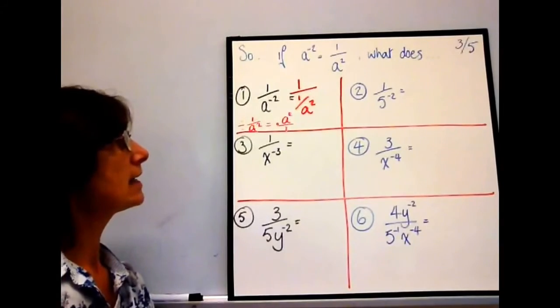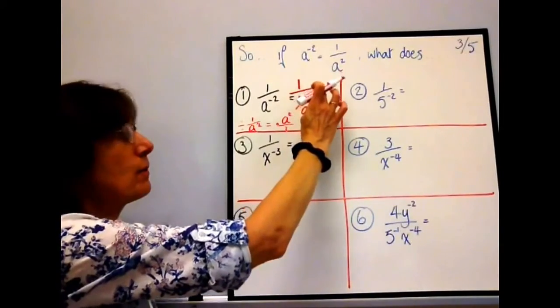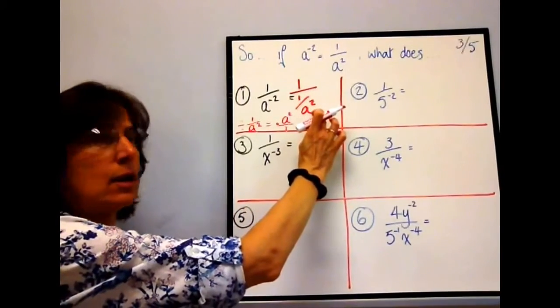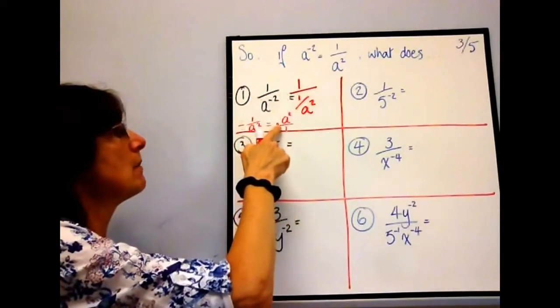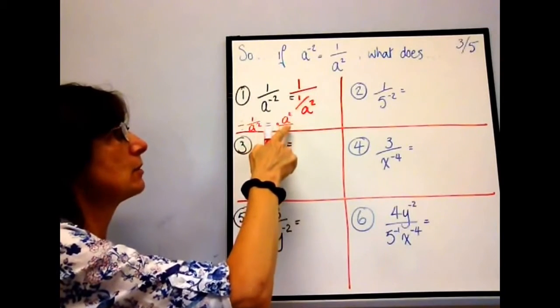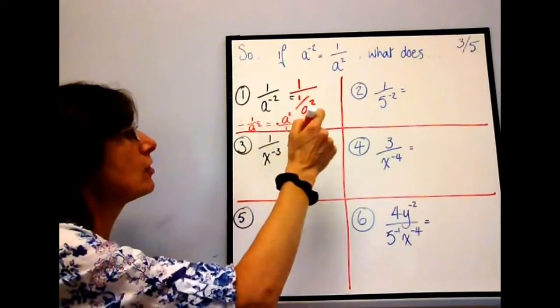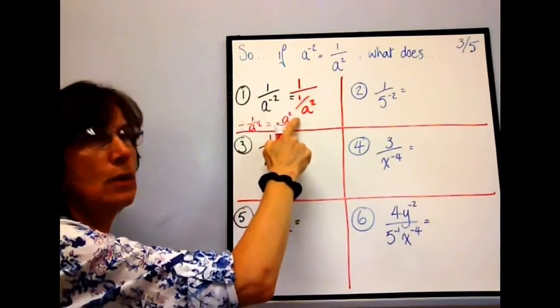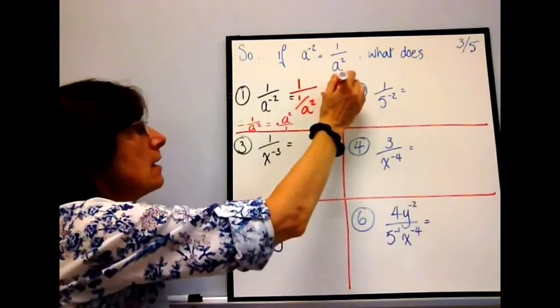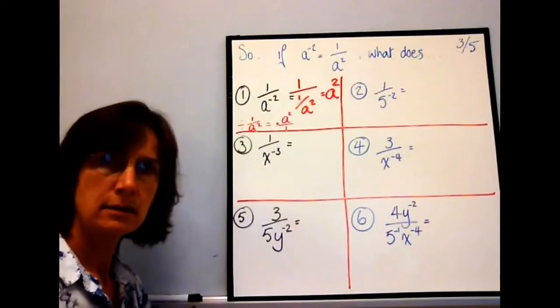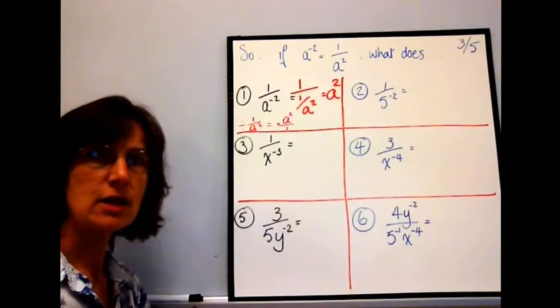So in that case, this 1 is not being divided by this fraction. We're going to call it this 1 being multiplied by the reciprocal. So we have 1 times a squared. The answer is a squared. Now you need to let that digest and sink in.